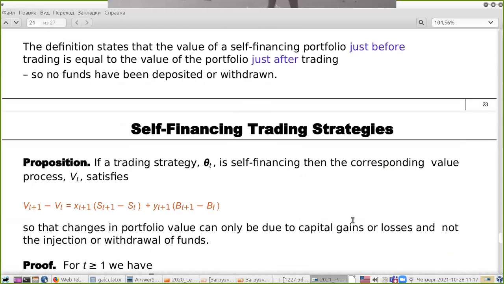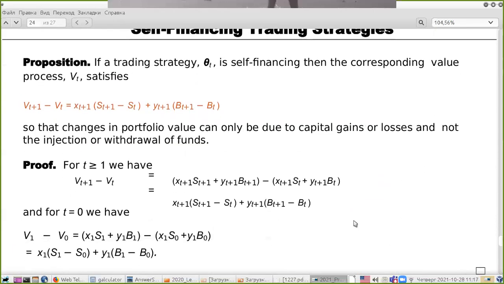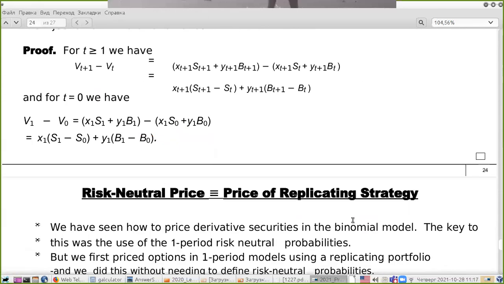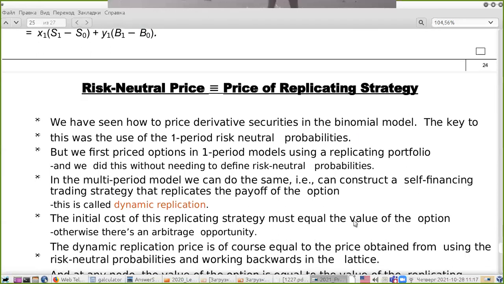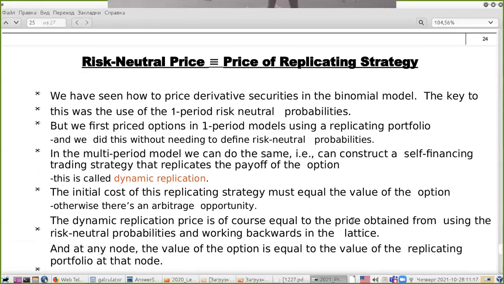And you can write this proof. So that's all. Maybe you can read this by yourself.